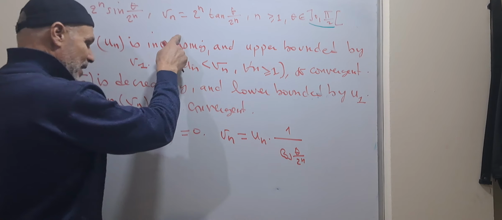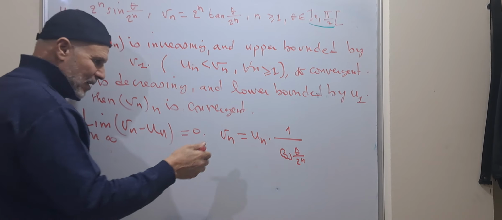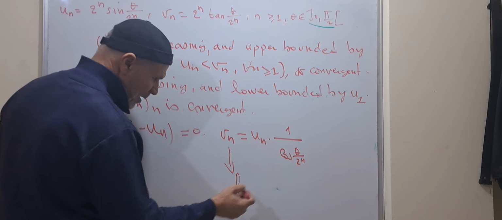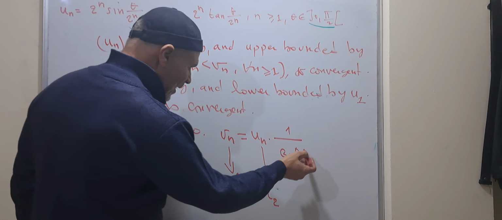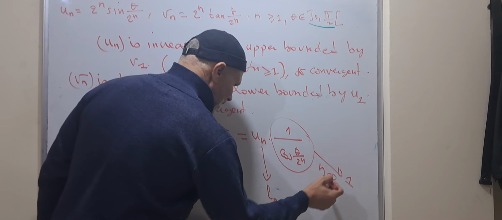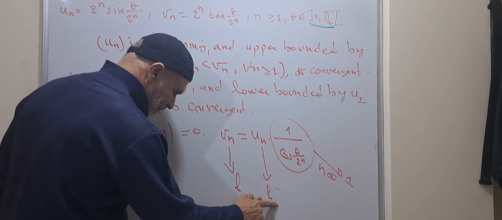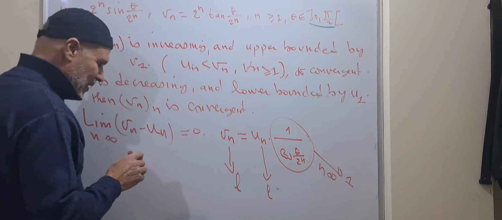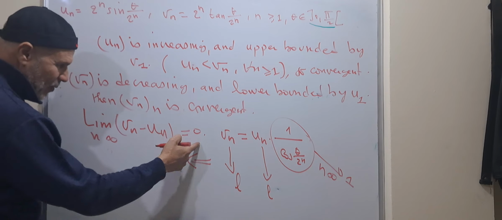Since we know from these two steps that v_n converges and u_n converges, this converges to a limit, let us say L1, and this converges to a limit L2, but this one converges to 1 when n goes to plus infinity. This means that they have to converge to the same limit. v_n converges to L and u_n converges to L, the same limit. This implies that the limit of the difference is equal to 0.